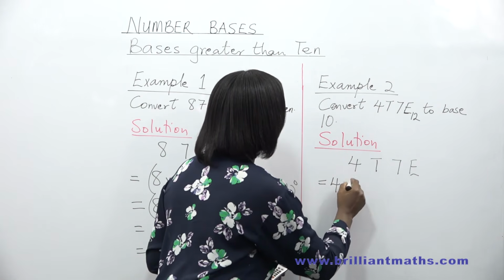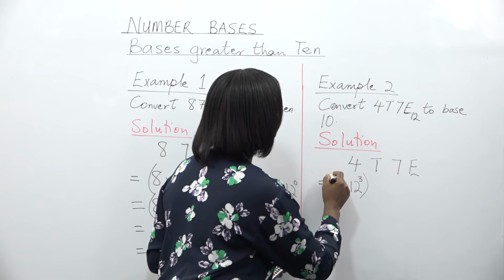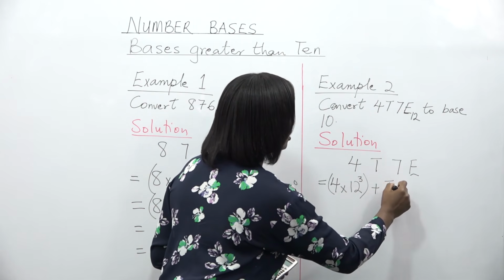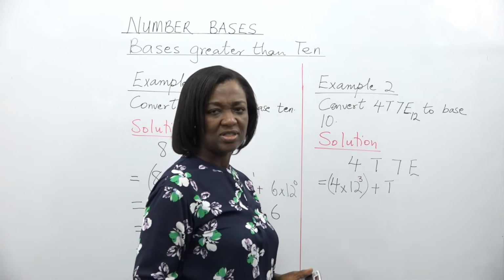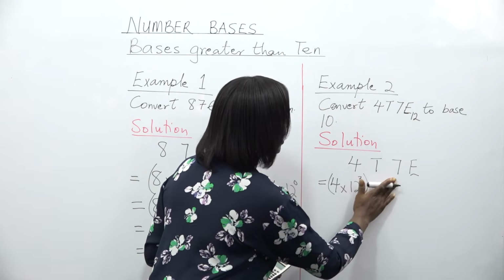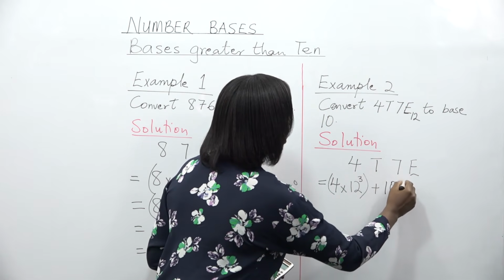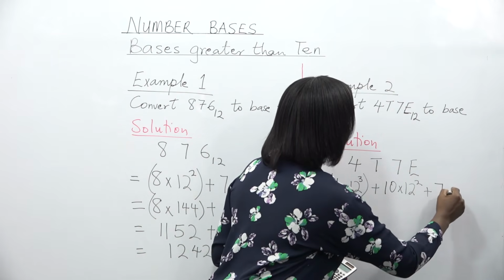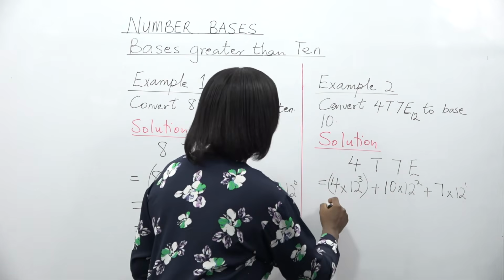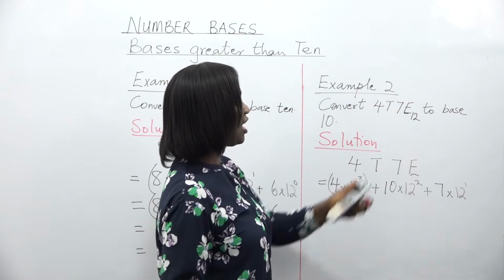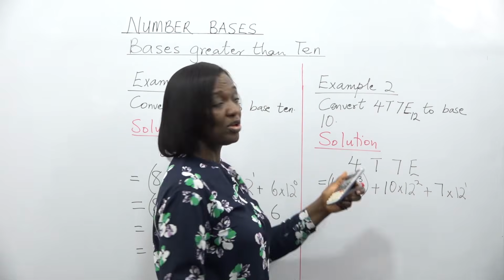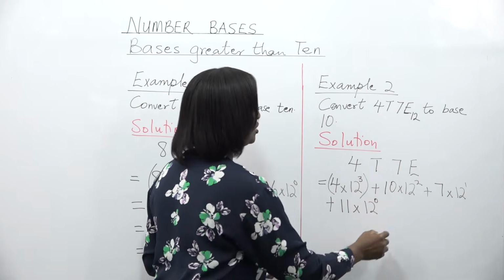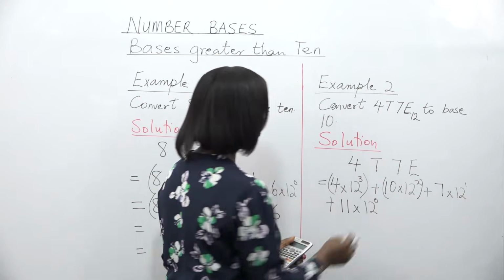So 4 times 12 to the power 3, plus T. But we know that our T is 10. So we can then write 10 times 12 to the power 2, plus 7 times 12 to the power 1, plus E times 12 to the power 0. And we know that our E is 11, so 11 times 12 to the power 0. I like to put this in brackets.